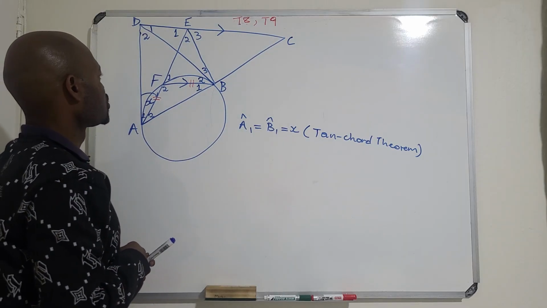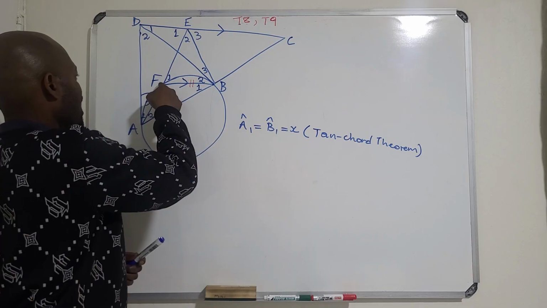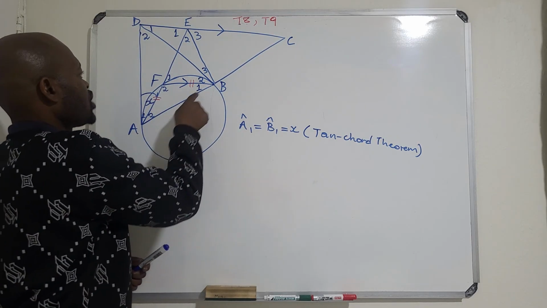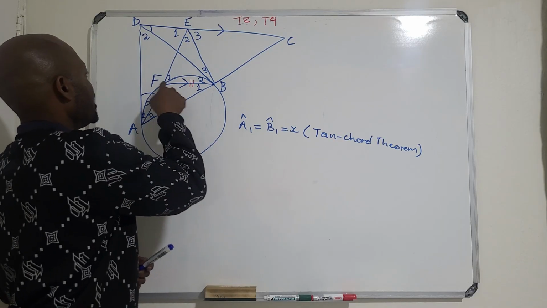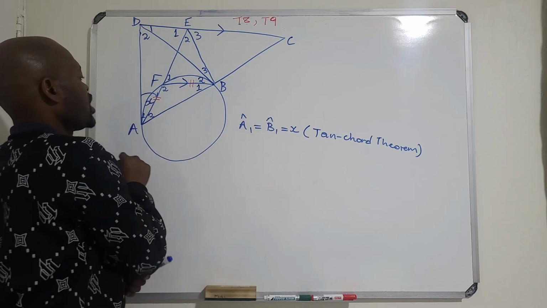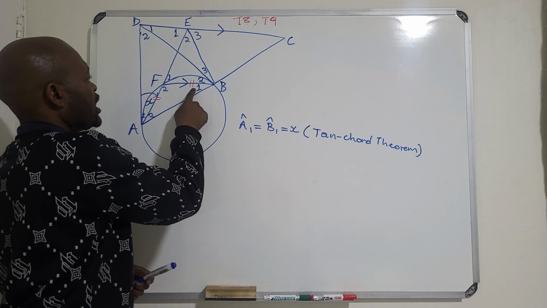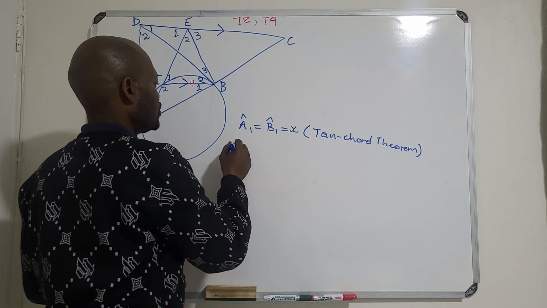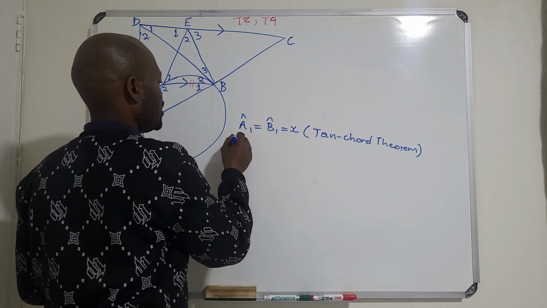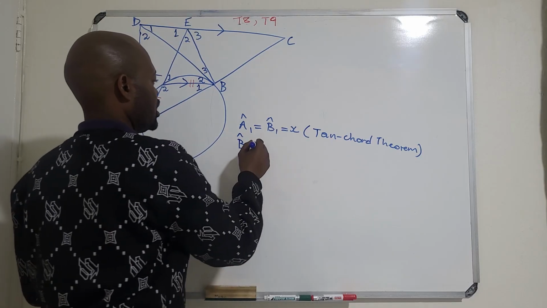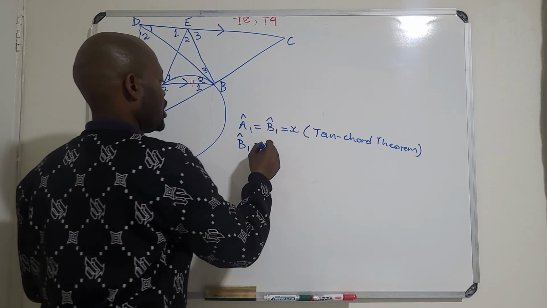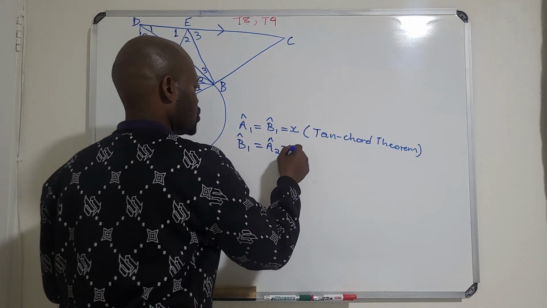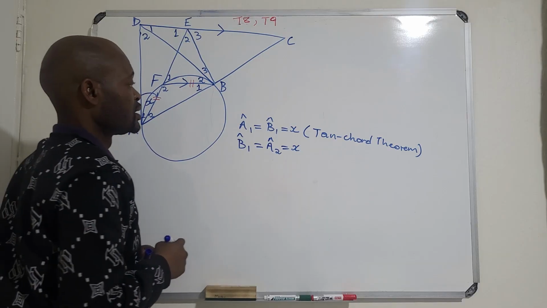Another angle equal to x, obviously, since AF is equal to FB. We've got an isosceles triangle AFB. This triangle is an isosceles triangle. Therefore, angle B1 is equal to angle A2, which is also equal to x.